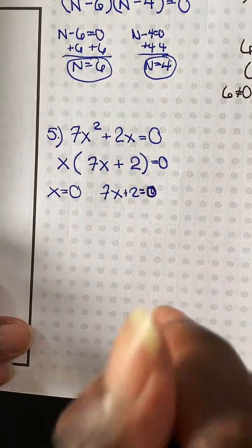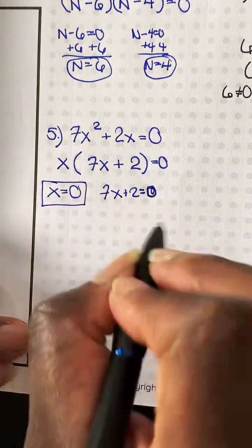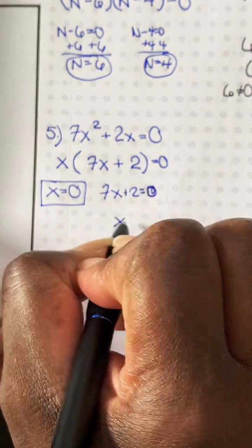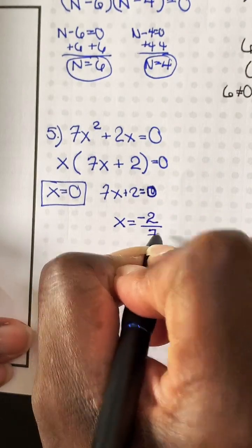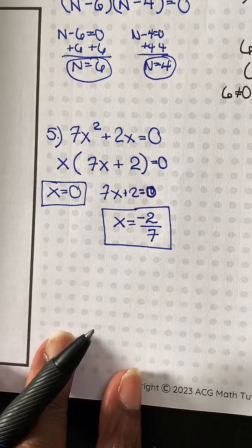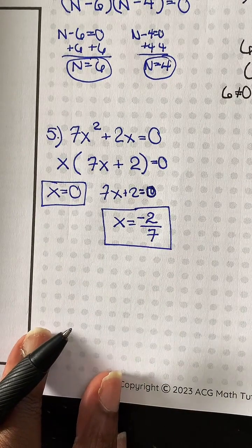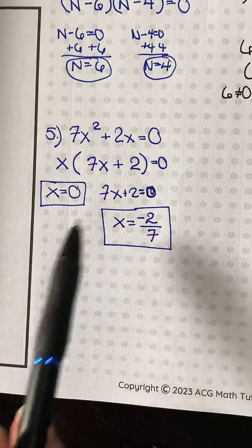It's supposed to be a 0. So this one's already solved. This one's going to give you x is equal to -2 sevenths, because we subtracted the 2, and then we divide by 7.